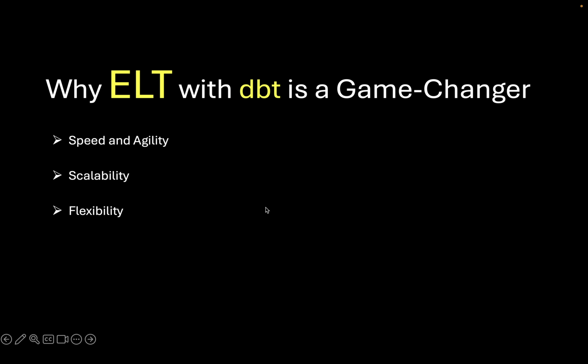And then the other benefit we have here is flexibility. Raw data is always available in your warehouse, so if business requirements change, you can retransform your data without needing to re-extract or reload. Very good point, right? Because you already have your data in your data warehouse, if something goes wrong with the transformation process, you can just go back, look into the raw data, tweak it a little bit, and fix whatever issue there was in your transformation.